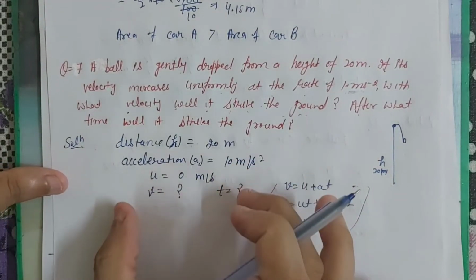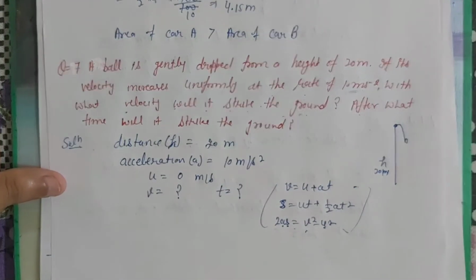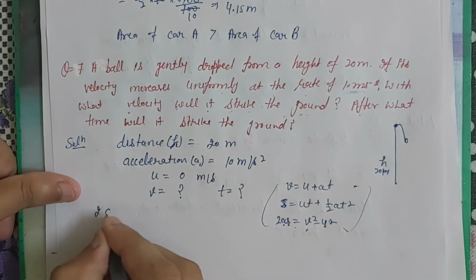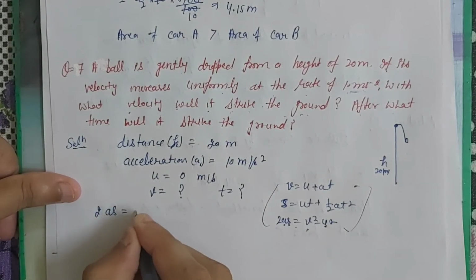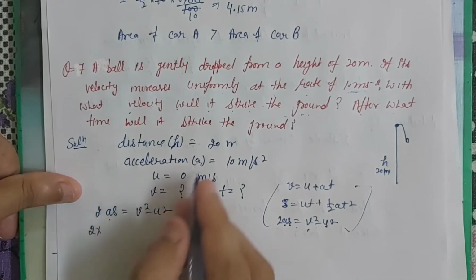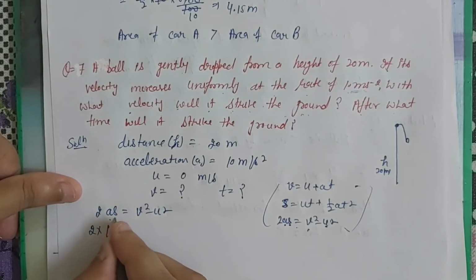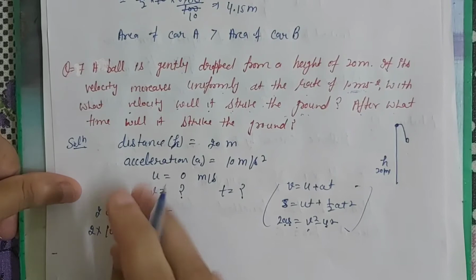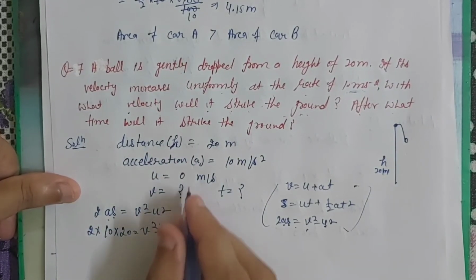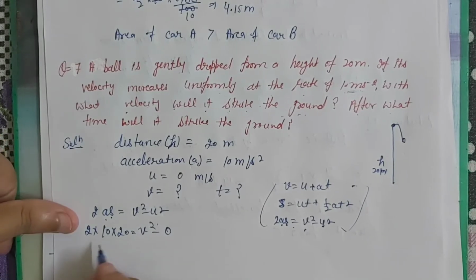According to the values given to us, we select which equation to use. So 2as is equal to v square minus u square. 2 multiply acceleration, which is given as 10, and what is s? s is the distance, which is given as 20. v square, and the u value is 0.